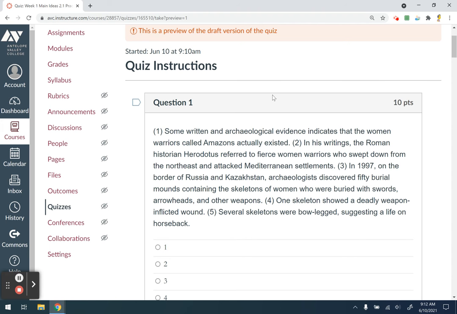So again, main idea is the reason you are reading the paragraph or article. It's what the whole article or paragraph is about. Again, you will look for clues, especially with the topic or subject, which are usually mentioned in a couple of words.